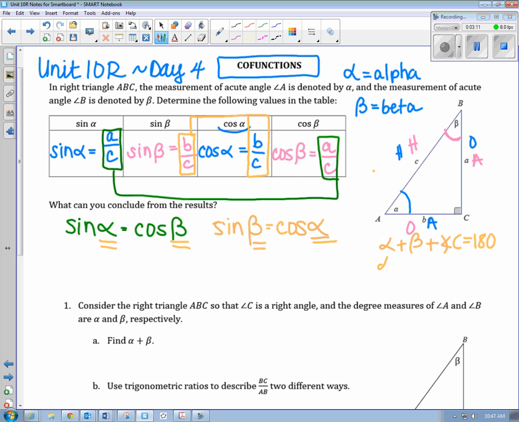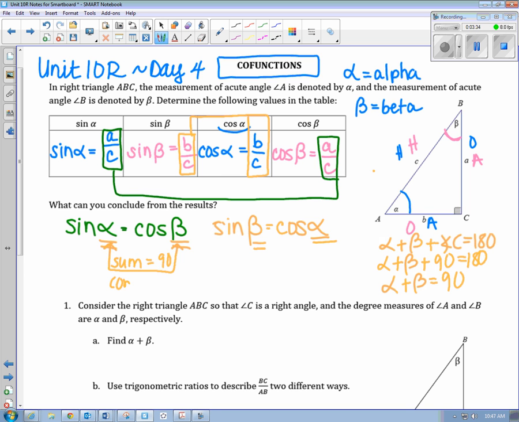We also know that angle C is 90 degrees because they tell us that this is a right triangle. If I subtract 90 from both sides, I find out that alpha plus beta have to add to 90 degrees. So in other words, angle alpha and angle beta have a sum of 90 degrees.